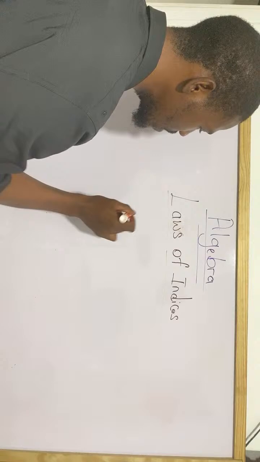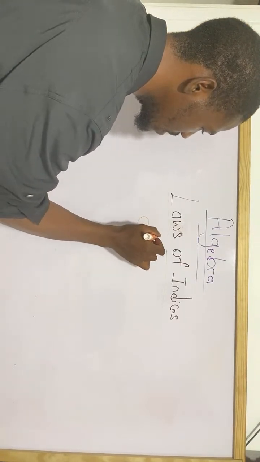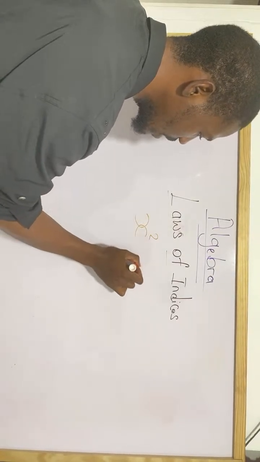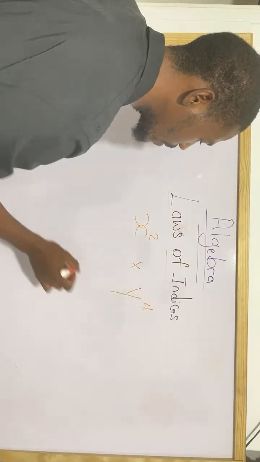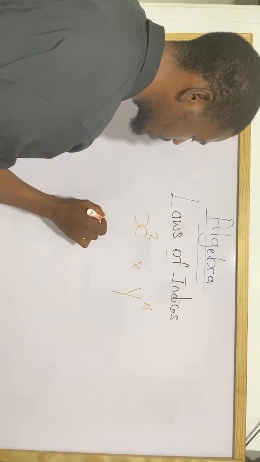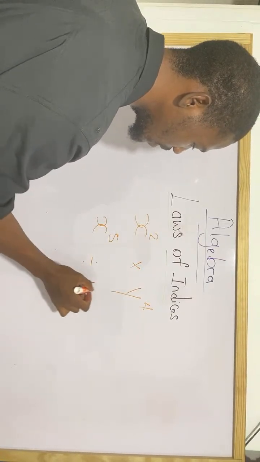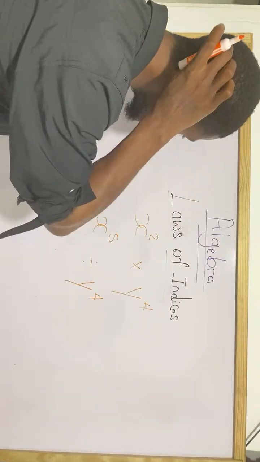For example, if I ever have a scenario such as x squared, since we're talking about x, and I want to multiply this by y to the power of 4. The same is true if I want to have x to the power of 5 being divided by y to the power of maybe the same 4. What should I do in such a case?